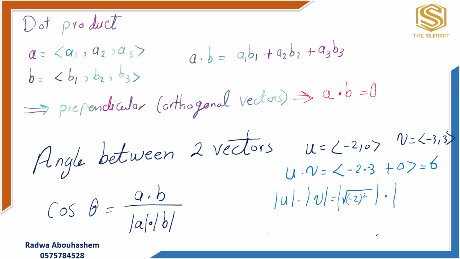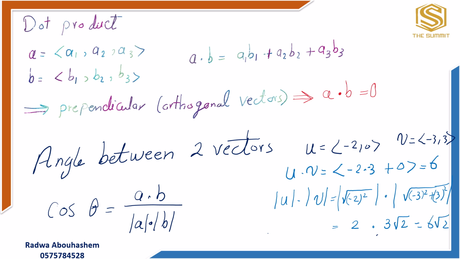For V, the square root of negative 3 power 2 plus 3 power 2. So here is 4, square root of 4 gives me 2. And 9 plus 9 is 18. What is the square root of 18? 18 is 9 times 2, so it will be 3 root 2. So 2 times 3, 6 root 2.